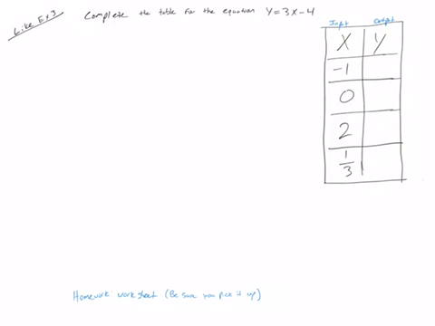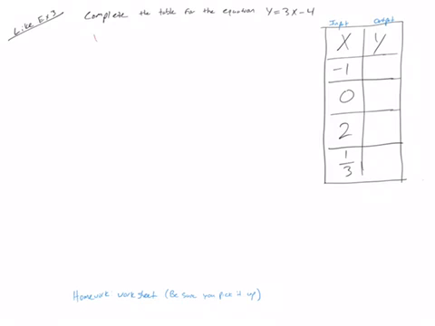So it says complete the table, this one over here on the right, for the equation y is equal to 3x minus 4. Since the x is my independent, it can kind of choose to be whatever it wants. The book has told us to pick these values that we have listed. And I'm supposed to find the y that corresponds to that. So let's just go ahead and see if we can do that real quick.